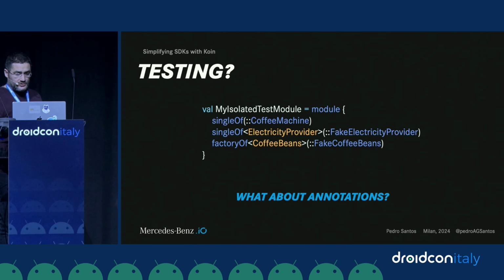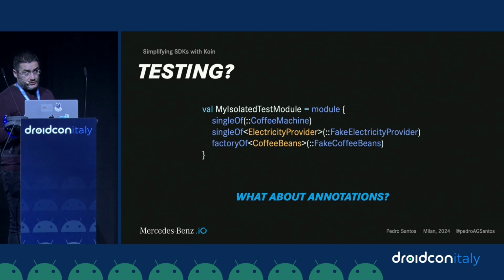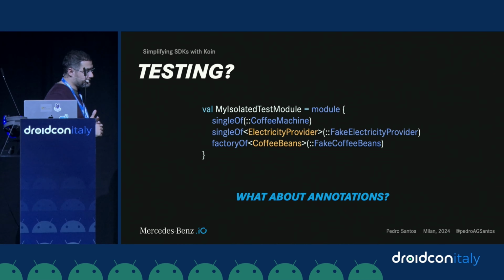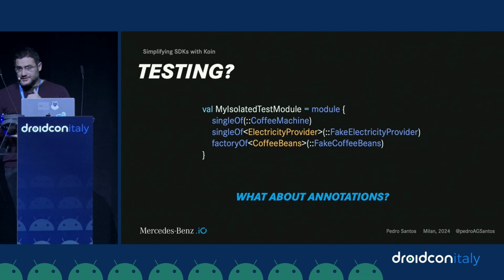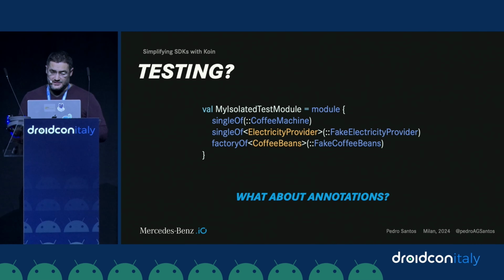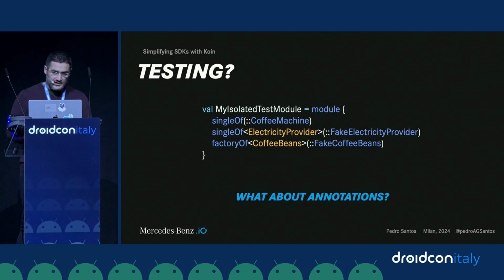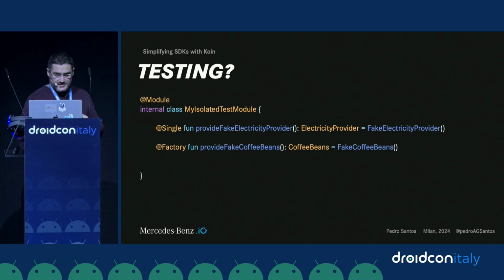But when you go to annotations instead of DSL, you can actually load a module, but you want the module to be also generated for you. Again, I'm doing all this and I'm building my coffee machine and so on. But can I use that with annotations? Sure, you can.